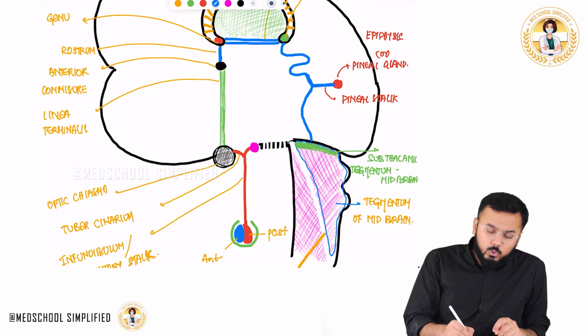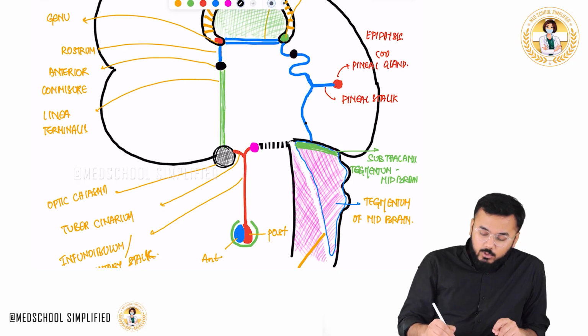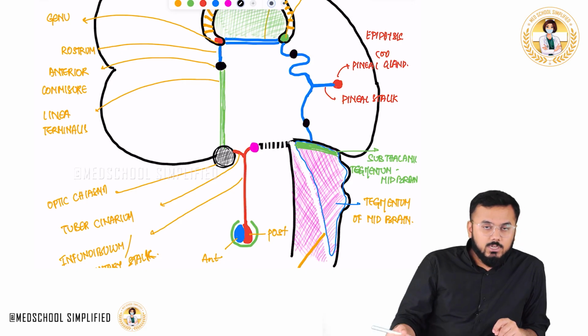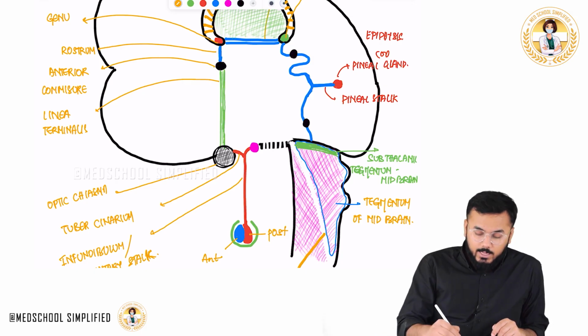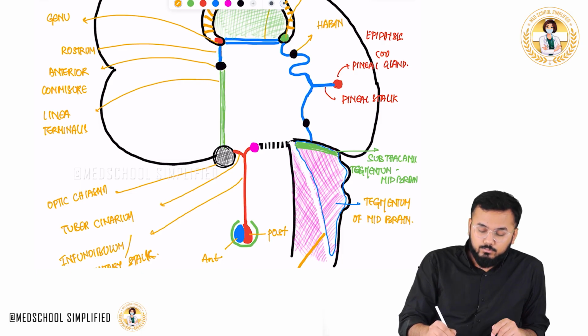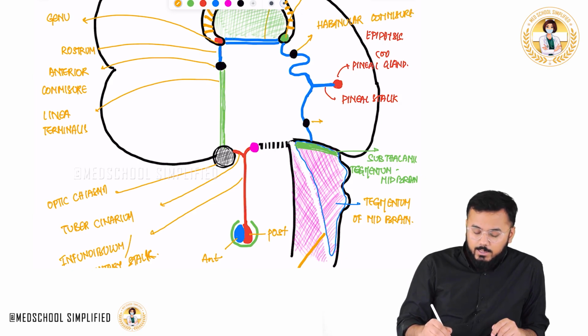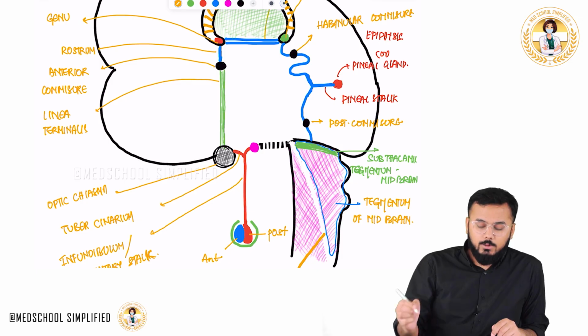To the superior lamina you have a structure, and to the inferior lamina also you have a structure, the black colored one. The structure on the superior lamina is called the habenular commissure, and this structure over here is your posterior commissure.